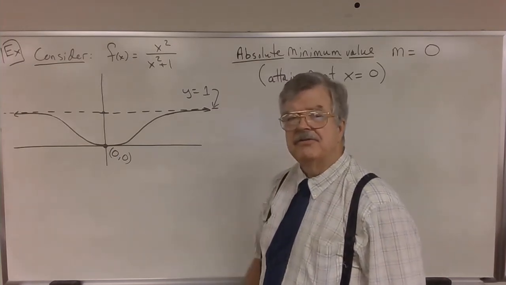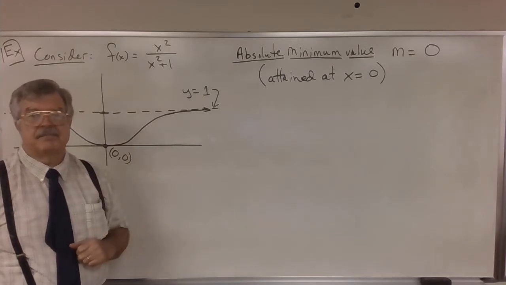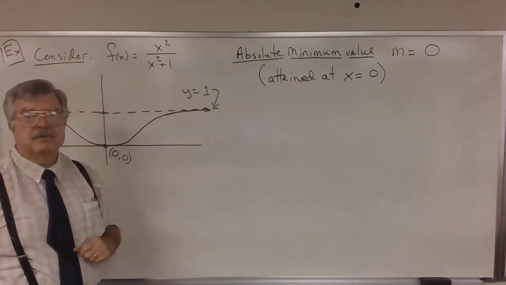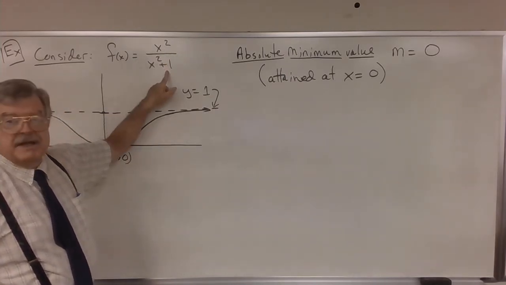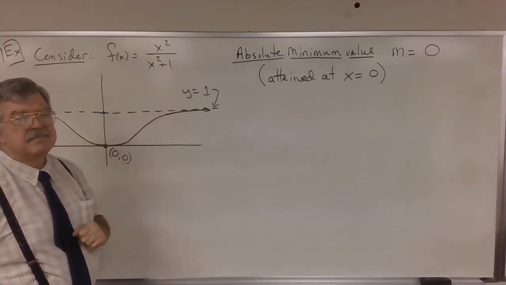Well, think about it this way. f of x is a quotient, isn't it? And in order for this quotient to be equal to 1, the numerator and the denominator would have to be equal. Can that happen?